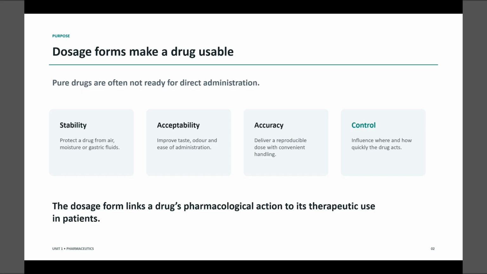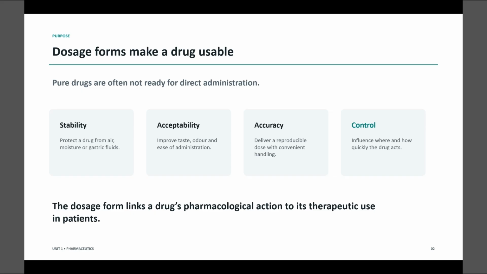To make them effective and convenient for use, they are converted into suitable dosage forms such as tablets, capsules, injections, or syrups. By converting into a different dosage form, you are improving the stability of the drug. We can protect the drug from air, moisture, or gastric fluid.